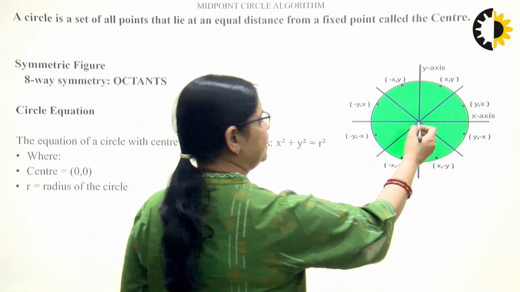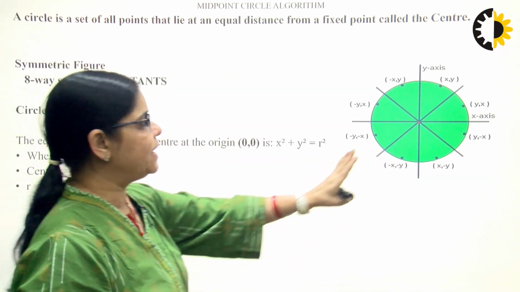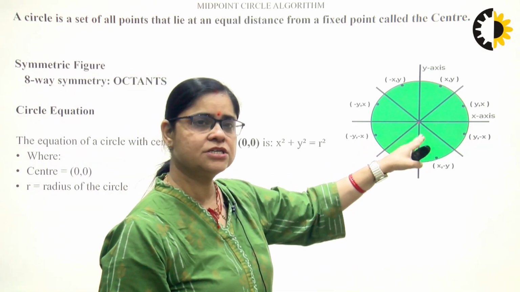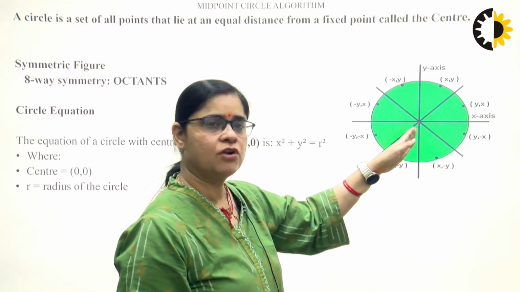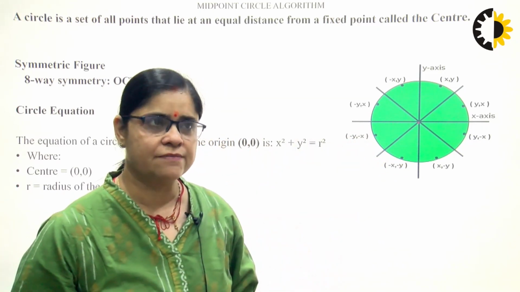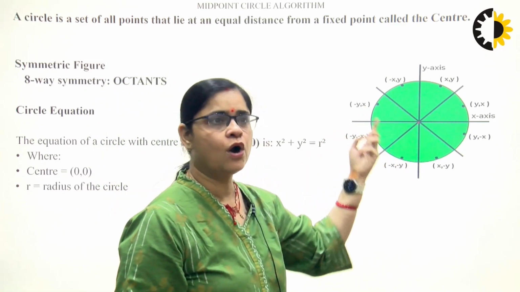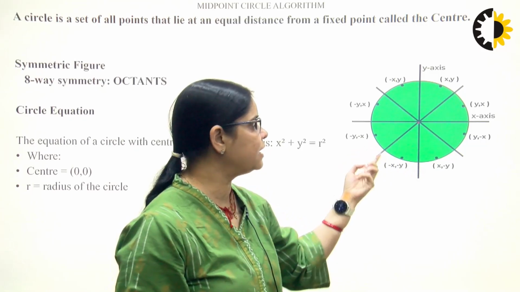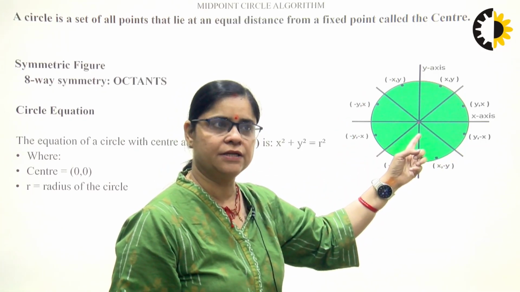The center point is here, and when we calculate the distance from this point to the outer boundary, the distance is the same. So a circle is a set of all the points that lie at an equal distance from a fixed point called the center.